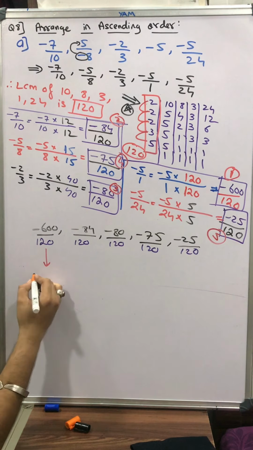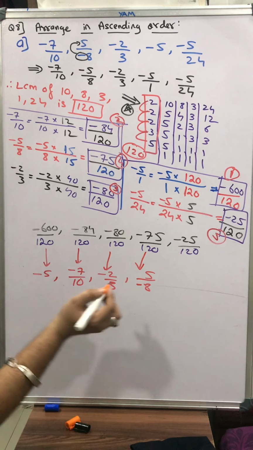Now if you remember, students, in the question it was given as 5 upon minus 8. It does not make a difference, but it's advisable to write the original format. So instead of minus 5 upon 8, I write the original format, 5 upon minus 8. This was at the place of minus 75 upon 120, minus 5 by 8. And last, what is it?